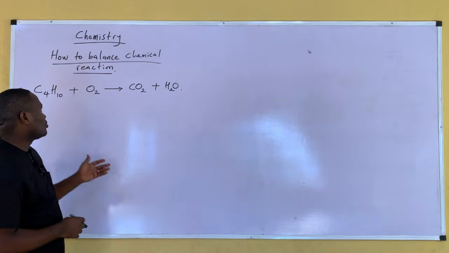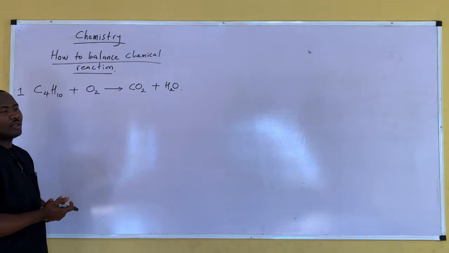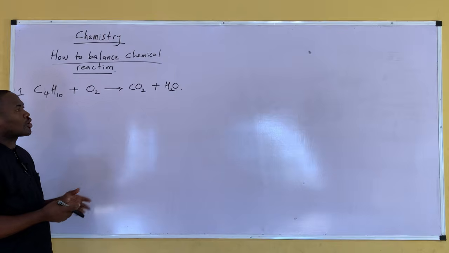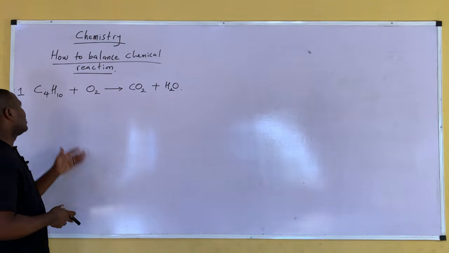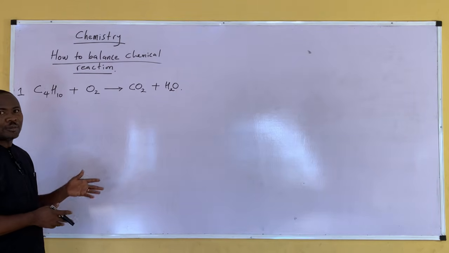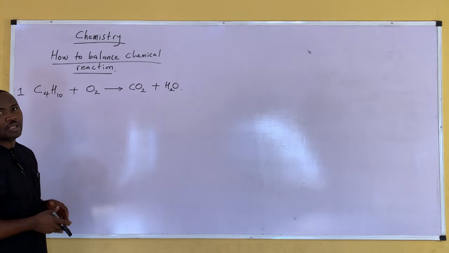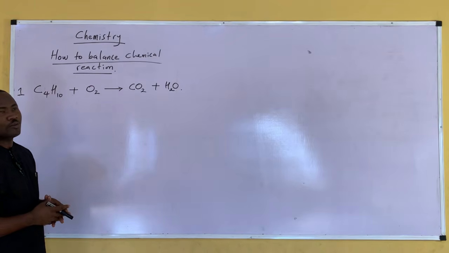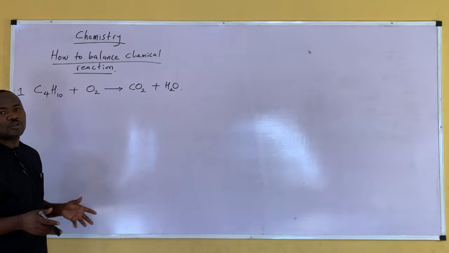Now let's assume you have a reaction like this. There is a general combustion formula for balancing such hydrocarbon reactions, but apart from that formula, there are other ways you can balance reactions that are not hydrocarbon combustion, that could work for either form of reaction.